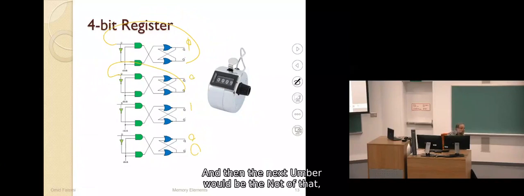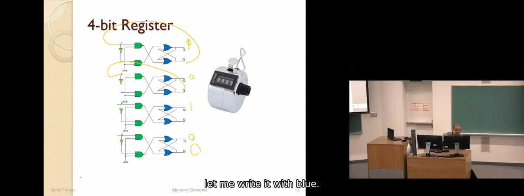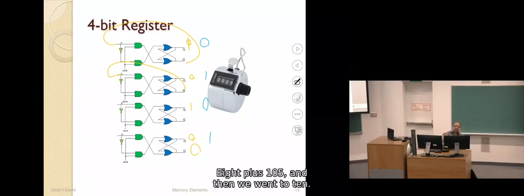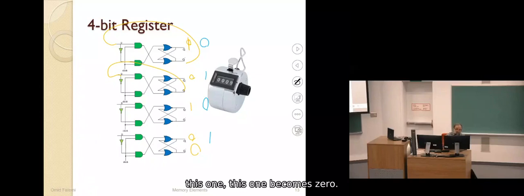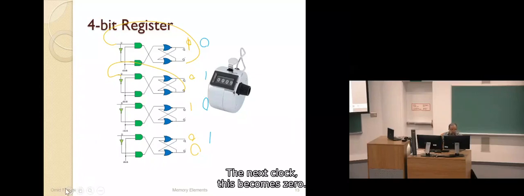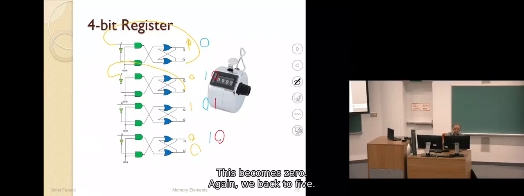And then the next number would be the not of that, 1, 0, 1, 0, which is how much? 8 plus 2, 10. So we were 5, and then we went to 10. Then again, at the next clock, this becomes 0, this becomes 1, this becomes 0, this becomes 1. Again, we are back to 5. So 5, 10, 5, 10, with this sequence.